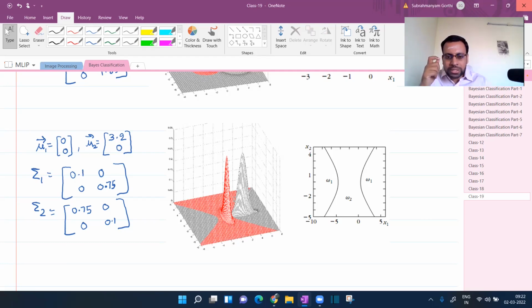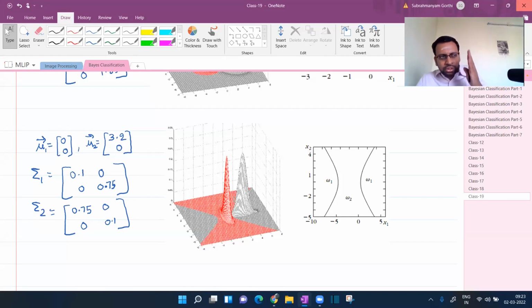Again, for those points, I am still calling pixels, sorry for that, where the value is more for class 1, they are shown in red color, and the distribution is shown in gray color, just to see it conveniently so that you could observe the distribution quite comfortably, right?